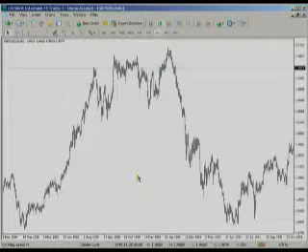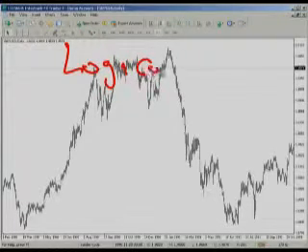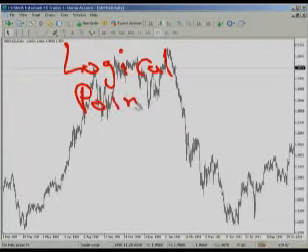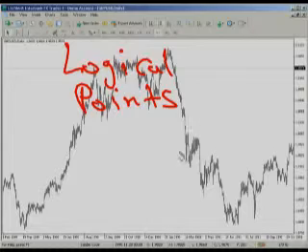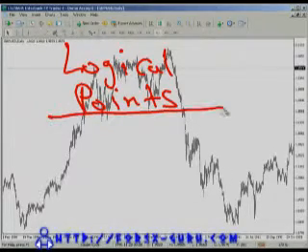Now, logical points of support and resistance. These are trading tactics. It's a trading tactic that will help you to make money directly. So let's talk about these logical points. These logical points of support and resistance are nothing more than areas where price has stopped.